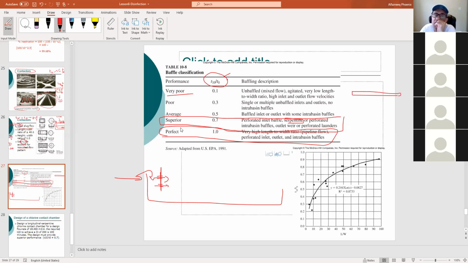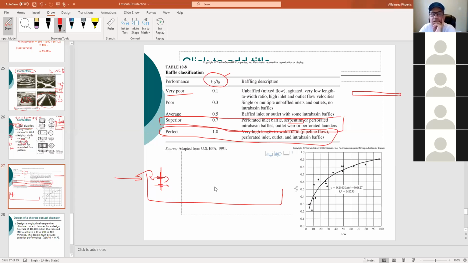So it depends on the shape and the design of the baffle inside the basin itself. If you know which one you are going to design, in other words, your client tells you, listen, I need superior, all right? So you have to go with the superior design.